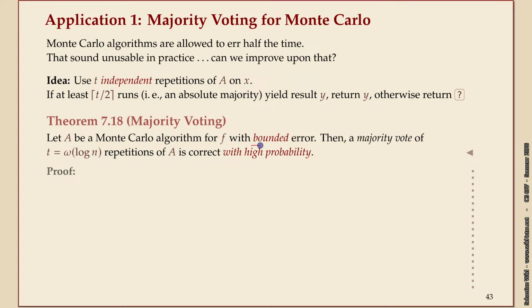Here we look at bounded error Monte Carlo. So in particular, if you remember the definition, this meant that the probability that this algorithm A on an input x is the correct output has to be at least 1/2 plus some epsilon. And this epsilon must be independent of the input that we pick. There's an absolute constant depending only on the algorithm so that we can bound the success probability away from 1/2. That was bounded error.